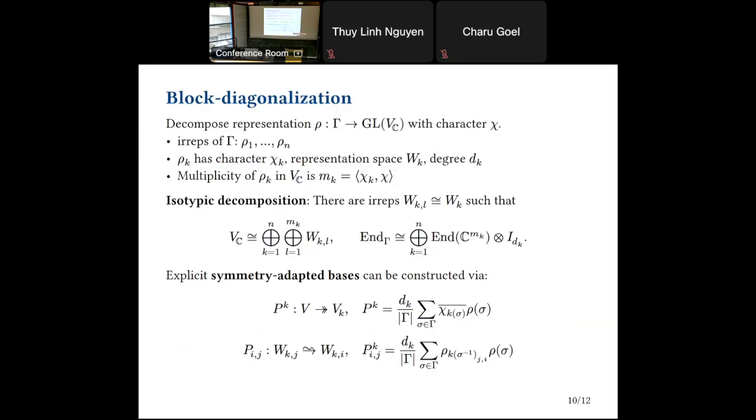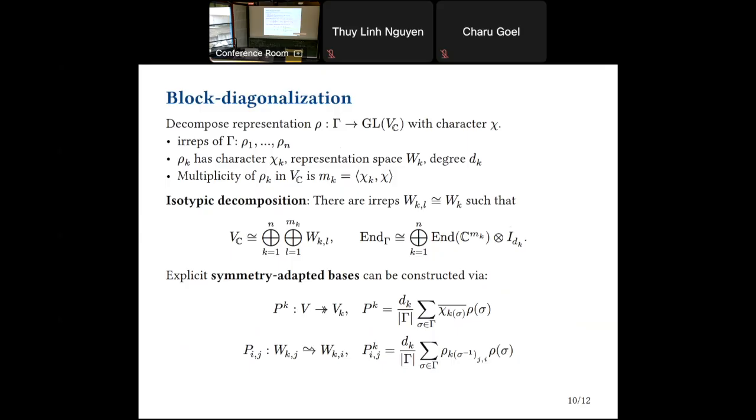What we're interested in, though, is the commuting, let's say the gamma-invariant endomorphisms, because this is where our moment matrix lives. And this is what we want to decompose. And on that side, it looks similar. We can decompose according to the irreps. And for each irrep, we have d_k copies of multiplicity spaces.